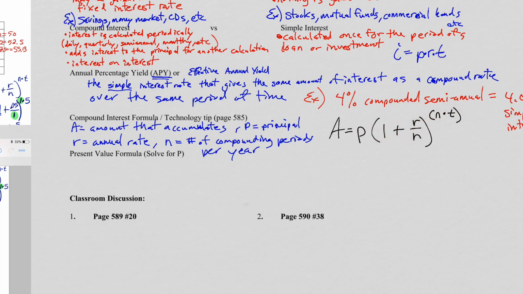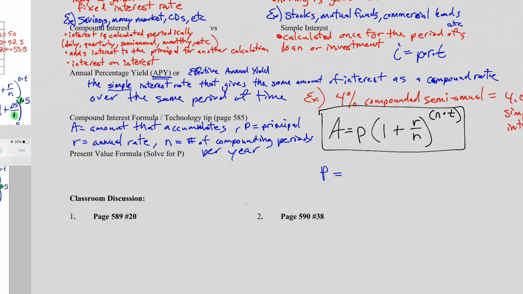So that's called the present value formula. If I rearrange this, in other words, if I solve for P and divide both sides by that whole big thing, it's going to go right under this A. And it's going to look like this.